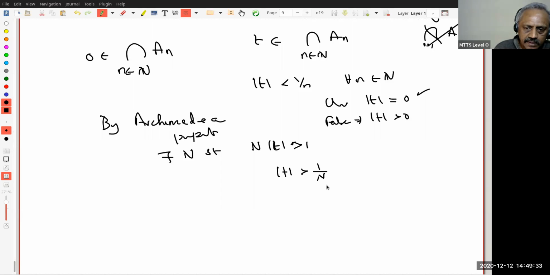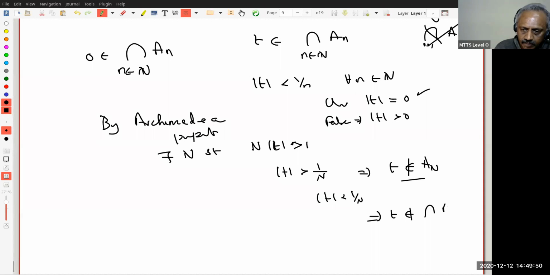You follow that? Therefore, this implies t is not in A_n for that n, because if t is in A_n, mod t should be less than 1/n. If t is not in A_n, that implies t is not in the intersection, because it should be in A_n for every n. You understand? Therefore, this is a contradiction.